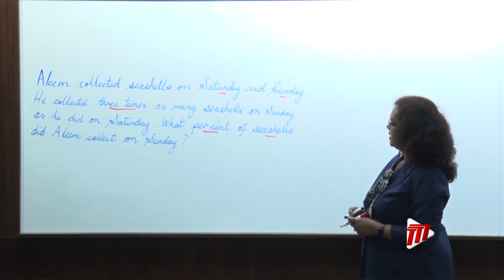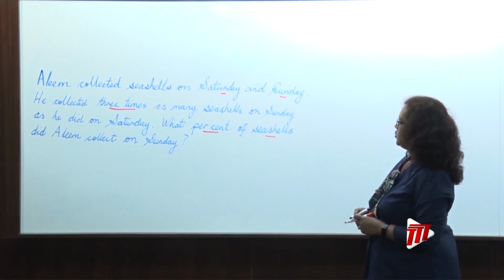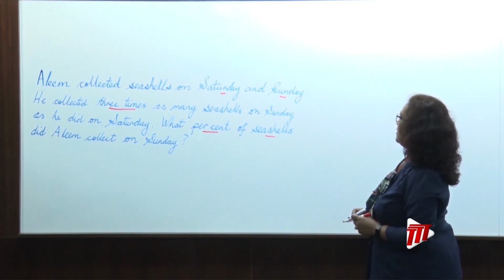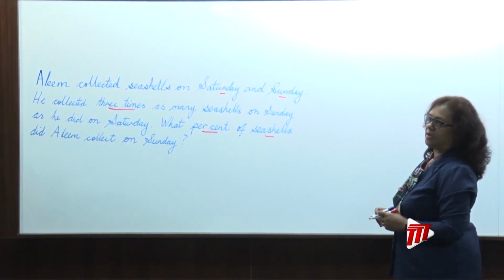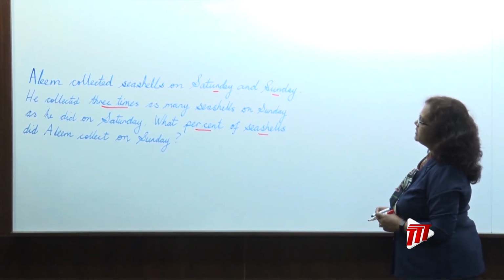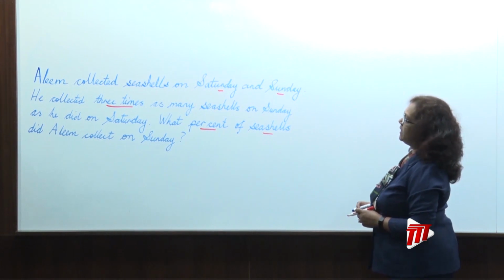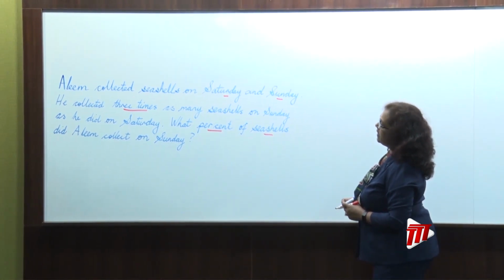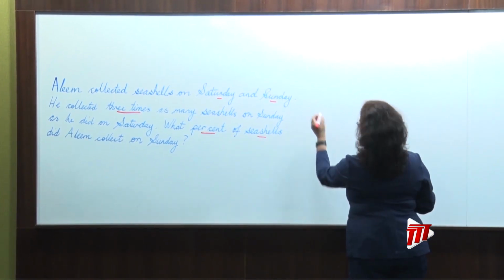So very simply we can express the fraction of seashells that Aline collected on Sunday. So on Sunday he collected 3 times as many. So altogether for Saturday and Sunday there are 4 parts.